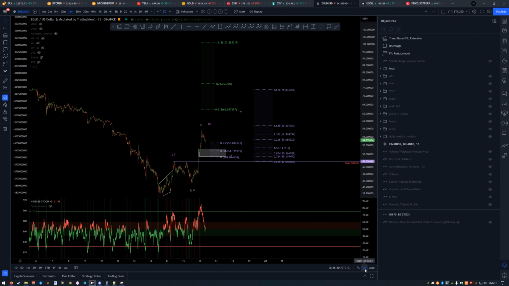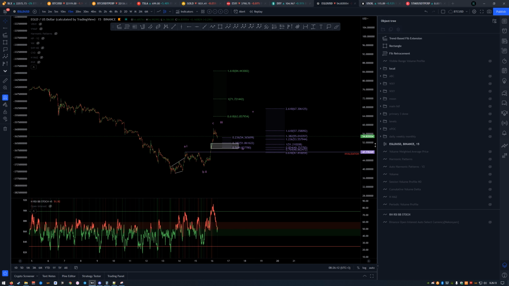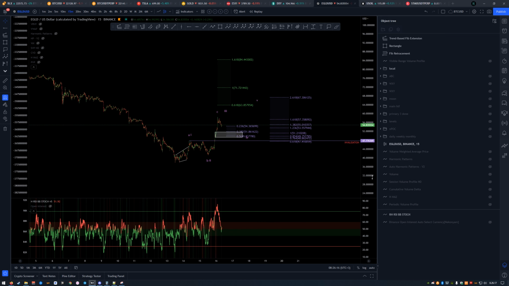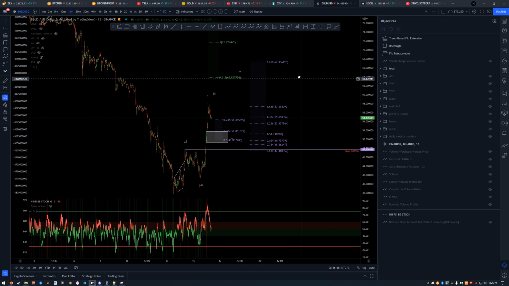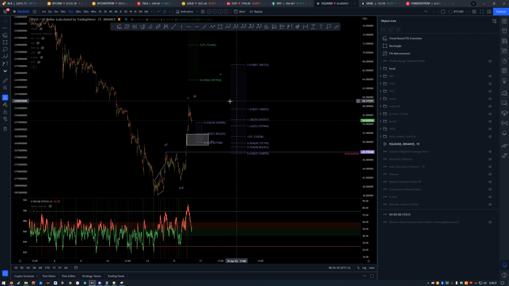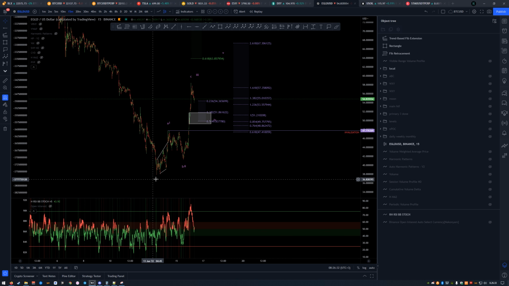These are of course on logarithmic scale. So 63. Yeah, let's use arithmetic for now. And of course on arithmetic we can see that we actually got to the targets here of 1.618. That is interesting. So it is definitely possible that this is the 5-wave sequence and the bottom is already in.